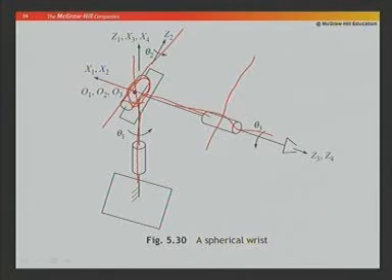At this position there are problems, but in general this is my one axis, then this is my another axis here, and if I keep it, this is my another axis. So, vertical axis, perpendicular horizontal axis, and the third perpendicular horizontal axis. So, that is the wrist.